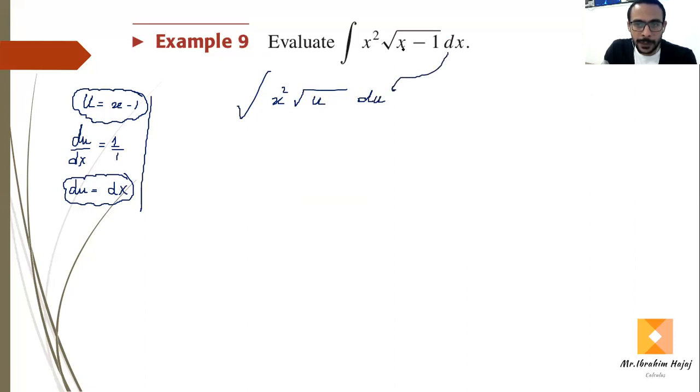The radical x minus 1 becomes radical u, but we still have x.